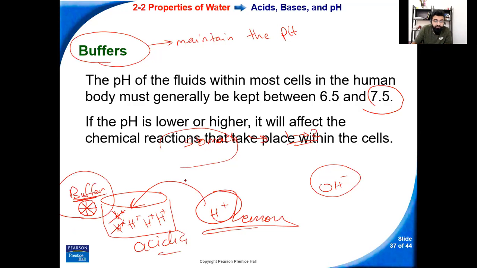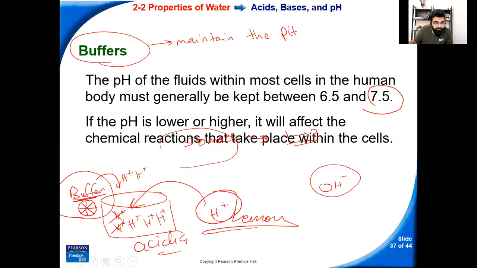What if you drink something that decreases the H plus in the blood? The buffer will add H plus to the blood. So it's like balancing. You got the point? Balancing the H plus in the blood.